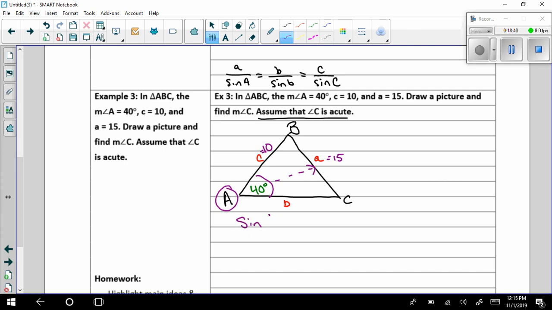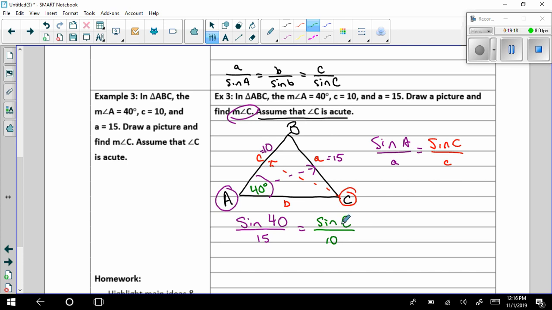So the sine of 40, big A over little a. I'm finding the measure of C. I have that, so I know these are equal. So sine C over C. All right, so sine of 40 over 15 is equal to sine of C, which I don't know, over 10.